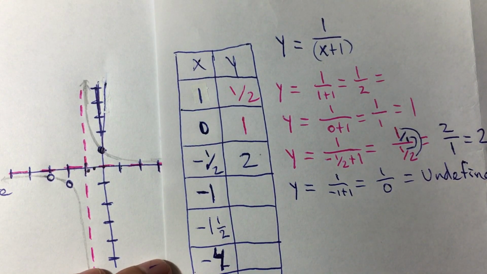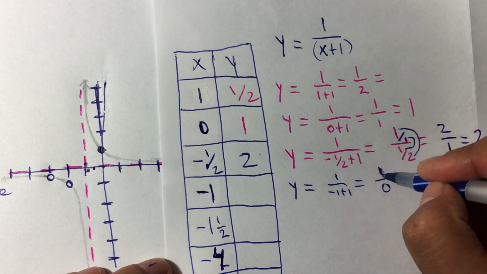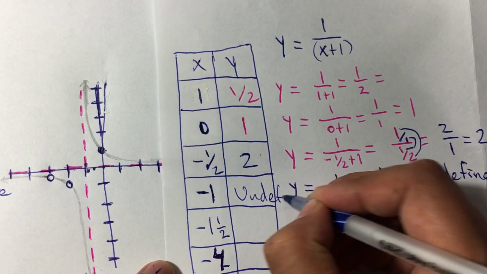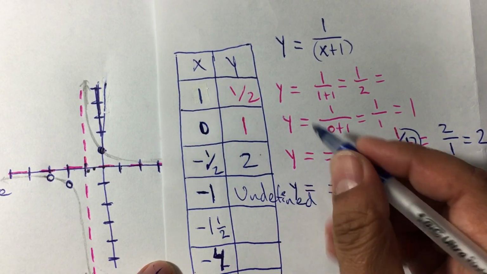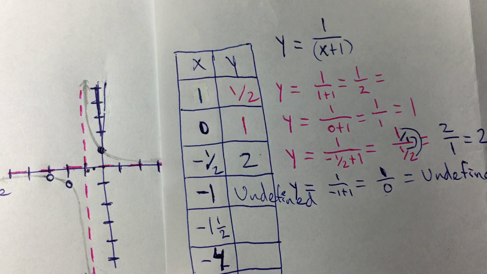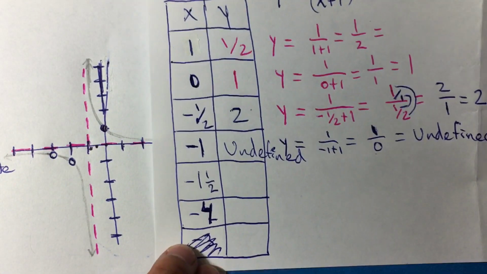It's because we're looking for a number that multiplied times 0 gives me 1. Nothing multiplied times 0 would give me 1, okay? And so we put undefined. That's why my graph doesn't touch that asymptote, because it's undefined. There are no solutions in that line.